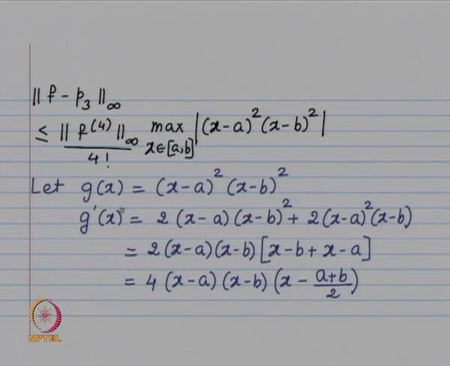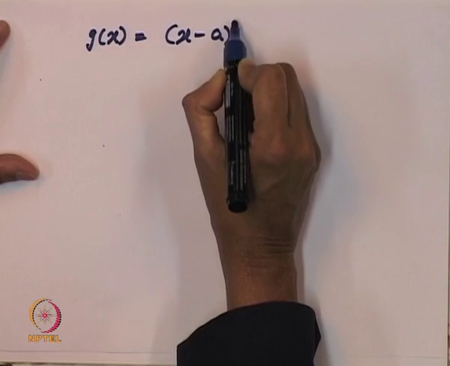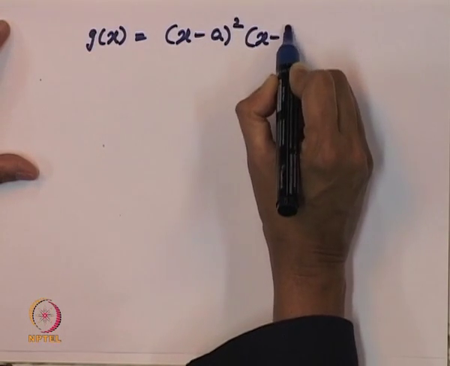Its derivative, using the product rule, is 2(x minus a)(x minus b) square plus 2(x minus a) square (x minus b). Take common (x minus a)(x minus b) and simplify. So, you will get 4(x minus a)(x minus b)(x minus (a plus b)/2), where g(x) is (x minus a) square (x minus b) square.